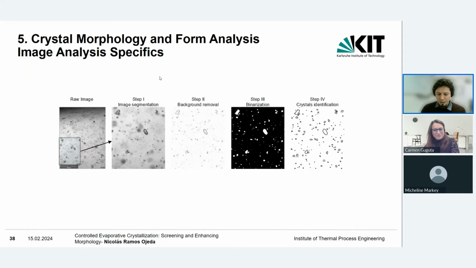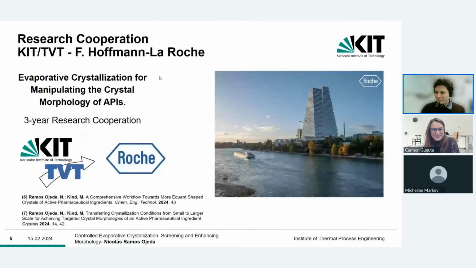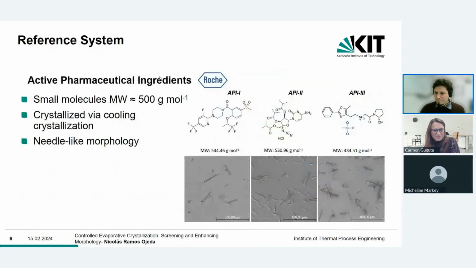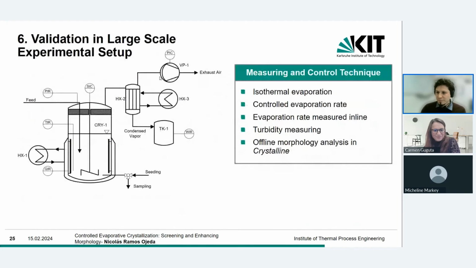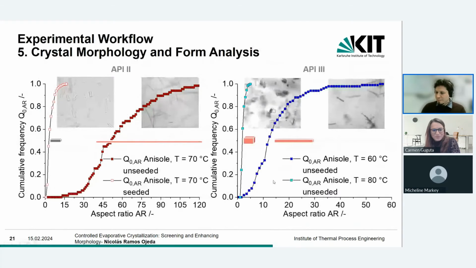Because I cannot cover all the details of the APIs, I think it was a slide, something like that. Okay. For example, this API had polymorphs, so it behaves differently at certain temperatures.